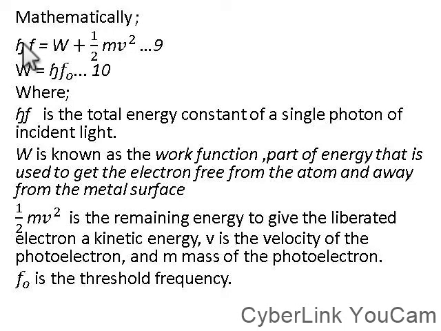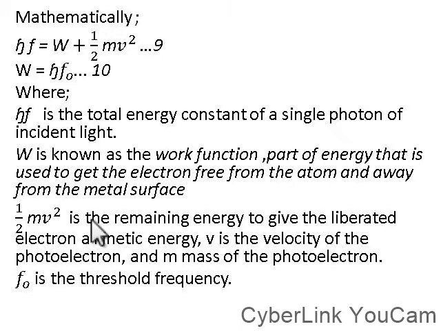Mathematically, he states hf is equal to W plus half mv squared, where W is equal to h f naught. So hf is the total energy content of a single photon of incident light. W is known as the work function, part of the energy that is used to get the electron free from the atom and away from the metal surface.